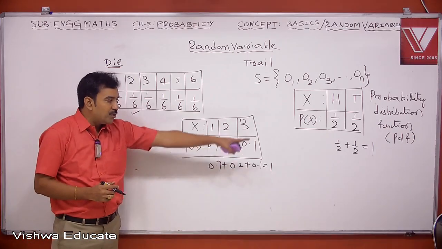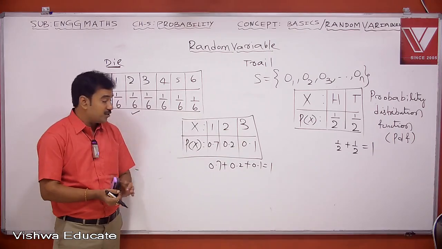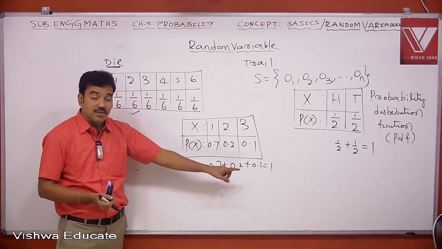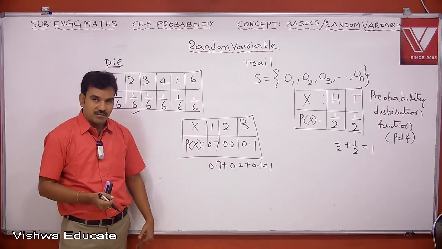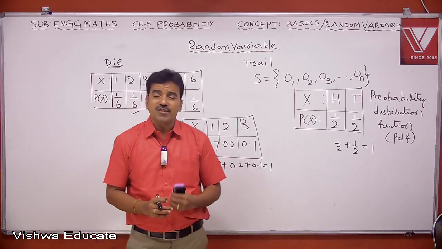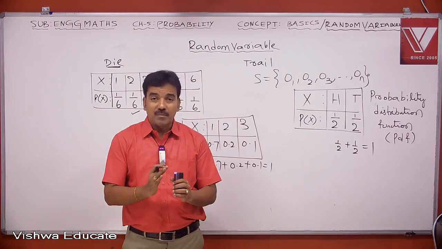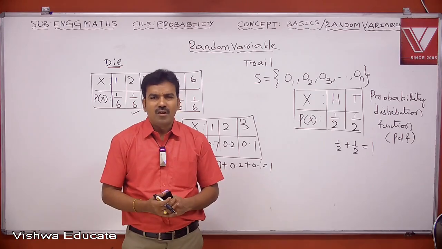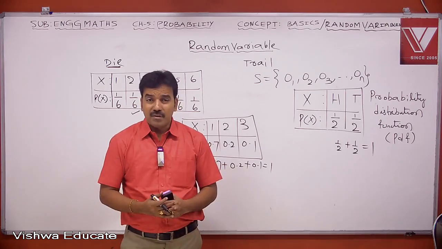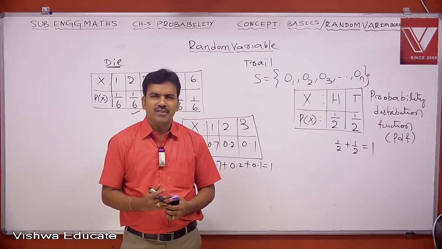Sometimes it can be uniform, sometimes it can be different. So here 70%, 20%, 10% is not uniform, but still it is called probability distribution function, right? How were we distributing 100%? 20% to one outcome, 70% to one outcome, 10% to one outcome, or equally it can be distributed to all sample points. That varies from situation to situation.